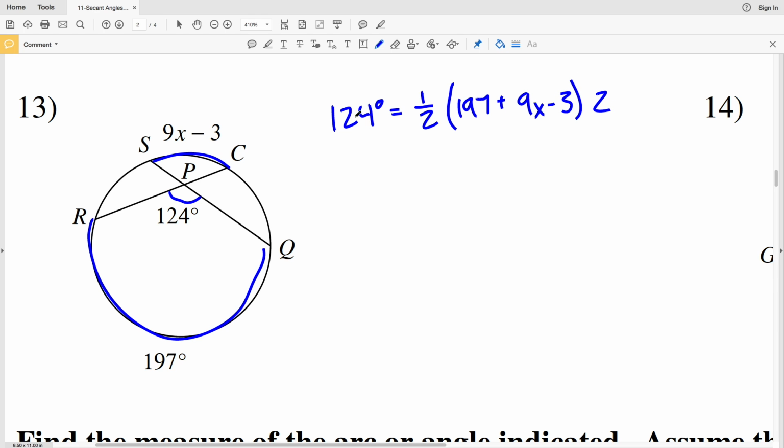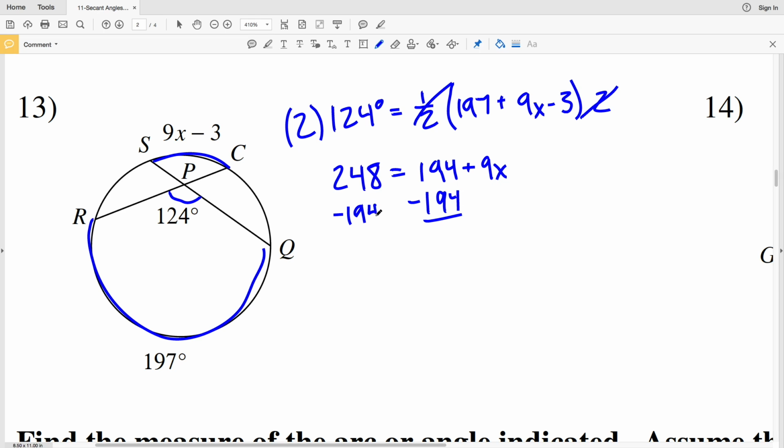Again, starting by multiplying both sides by 2 and simplifying inside the parentheses, I'll get 248 equal to 197 minus 3, which is 194 plus 9x. Subtracting 194 from both sides, I'll get that 54 is equal to 9x. And lastly, I'll divide by 9 to get that 6 is equal to x in number 13.